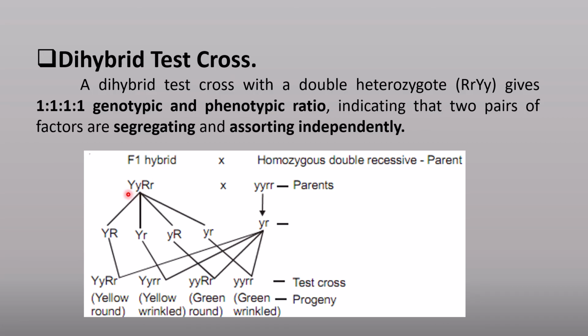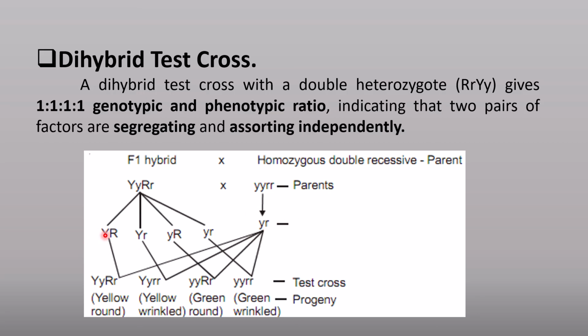So here this is the double heterozygous hybrid, and this is the homozygous double recessive parent. And this F1 hybrid, with independent assortment of genes, gives 4 different types of gametes, and the parent produces one particular gamete here, since it is homozygous.